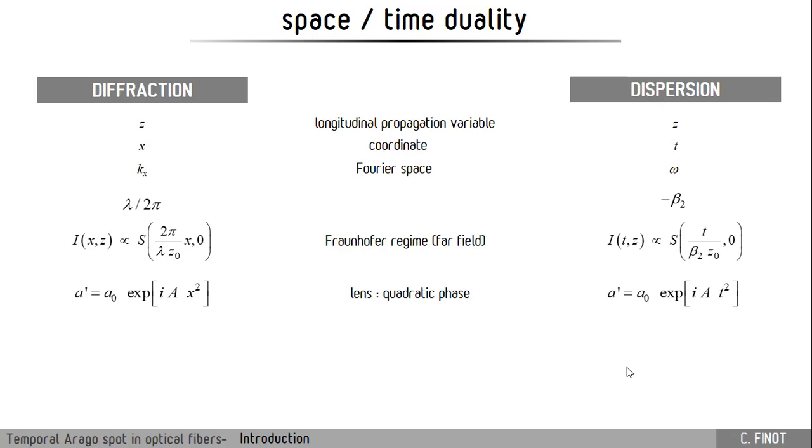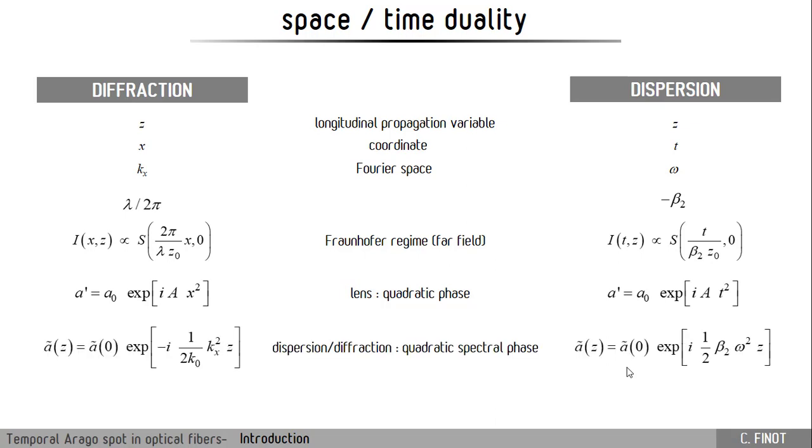This is a quadratic phase on the transverse coordinate. We can imagine a lens in dispersion in the temporal domain. It will also be a quadratic phase, but this time on the temporal domain. And diffraction and dispersion both induce a quadratic spectral phase. All this is linked to the propagation equations.